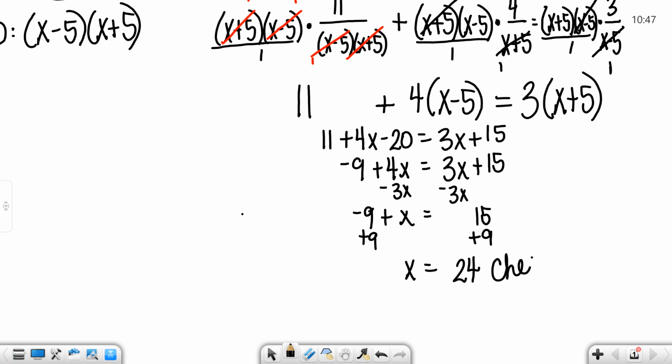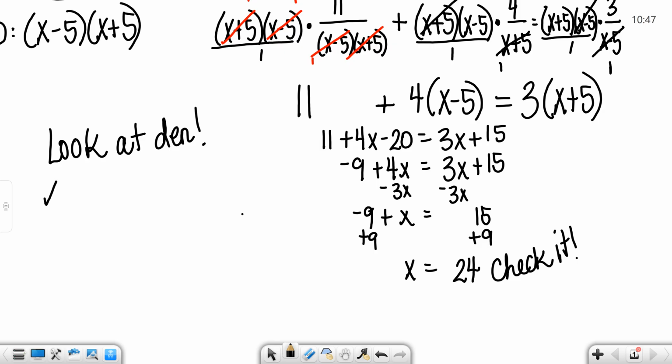Gotta go check it. Okay, because x was in the denominator. So, look at my denominators. Alright, remember our denominators were x squared minus 25. They were x plus 5 and x minus 5. Those were my denominators. When I plug in my answer of 24, am I going to get a 0 for any of those?